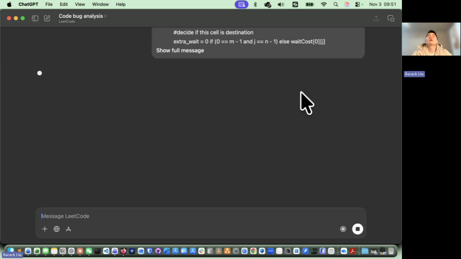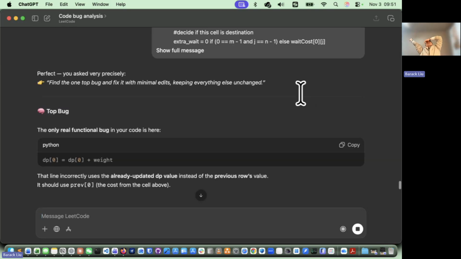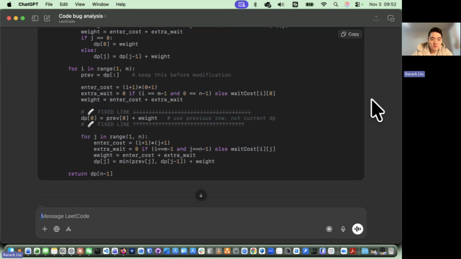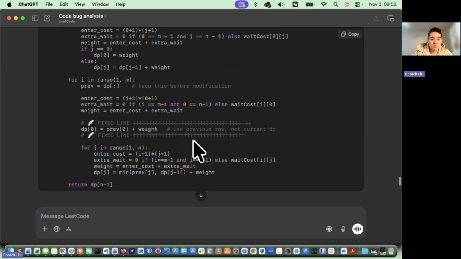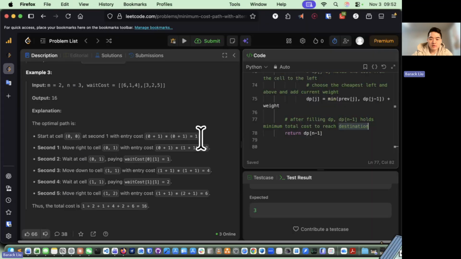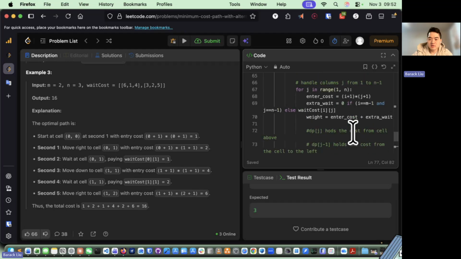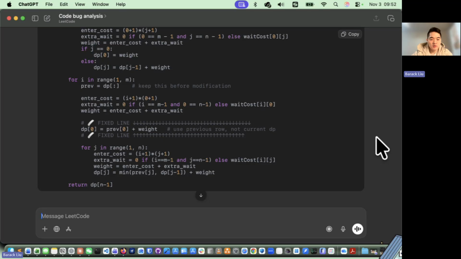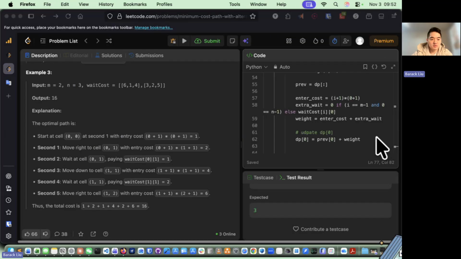Right, because it actually rewrites the whole thing, and that's not what I expected. Okay, use previous. Wait. I guess I already did this. Right, dp[0] is equal to previous[0].